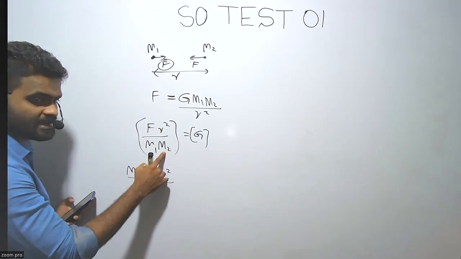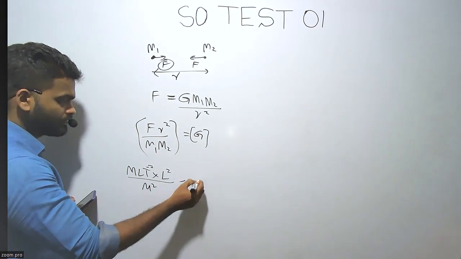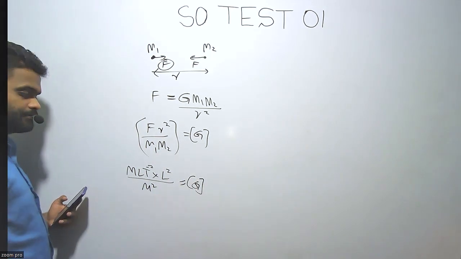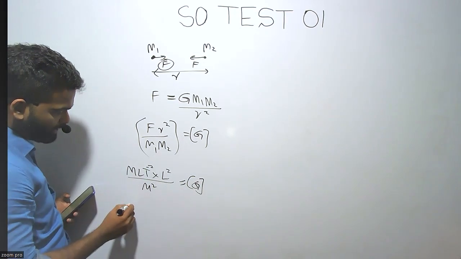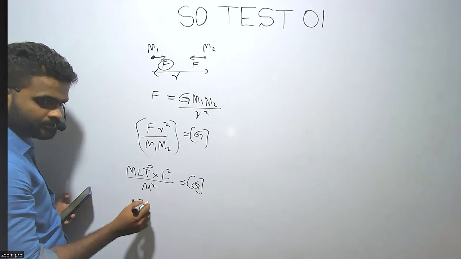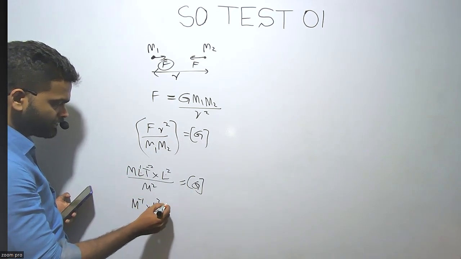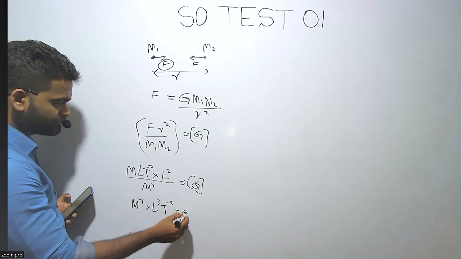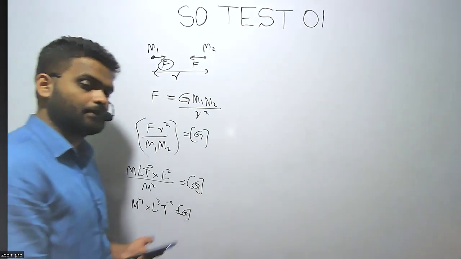Mass, capital M, so this becomes M^2. So dimensions of G: M^2 goes up, plus 1 minus 2, M^-1. You have L^3, plus 1 plus 2, L^3, T^-2. So this is the dimensions of G, capital G.